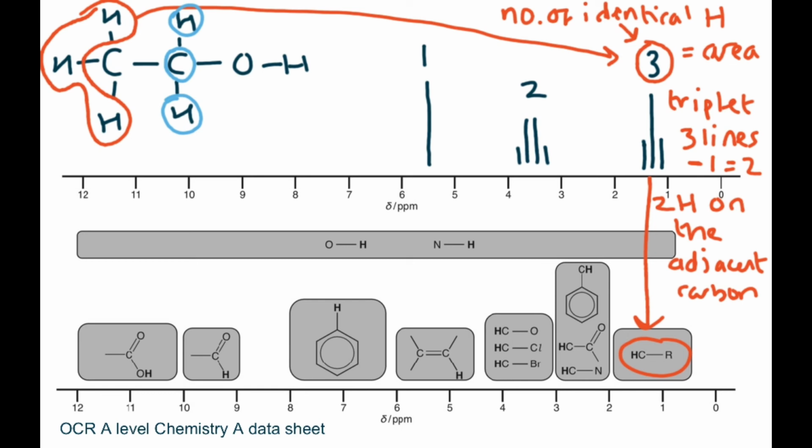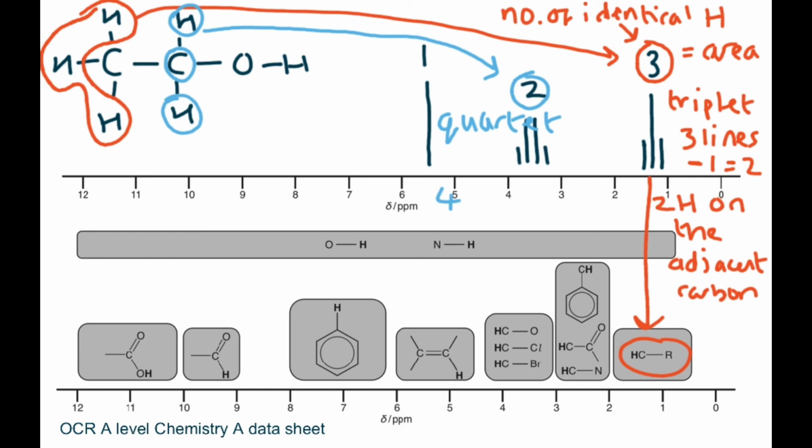Like I said, you can race along with this. The 2 at the top means that 2 hydrogens made that peak. That fits because there's 2 hydrogens. The splitting, we call that a quartet. A quartet is split into 4 lines.